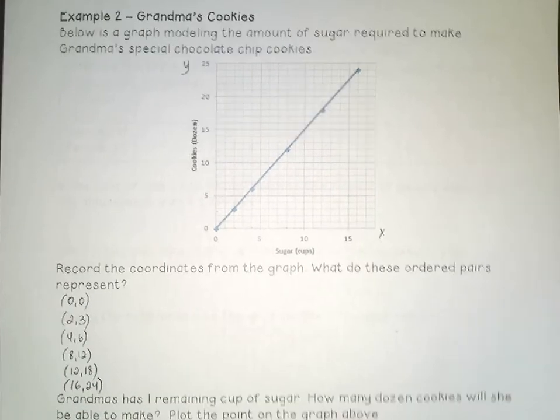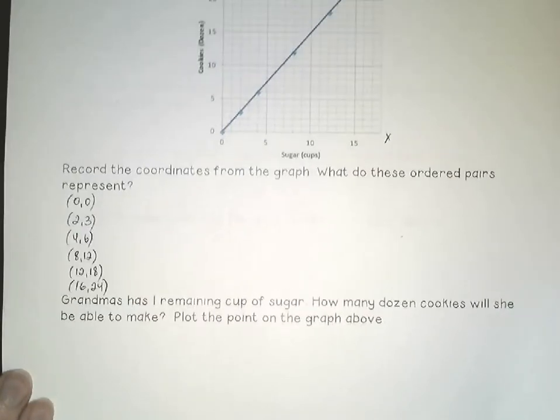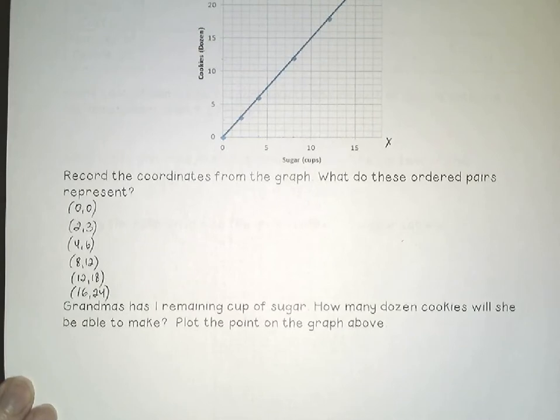Okay. What do these ordered pairs represent? So we are looking at the graph and we are trying to find the connection. What do these ordered pairs mean in this context? So I will just pick 2 or 3, probably 3.